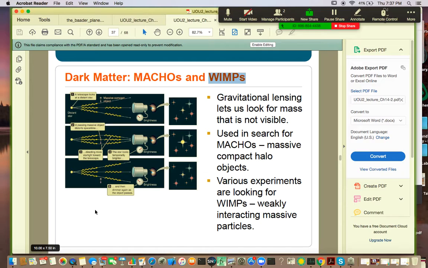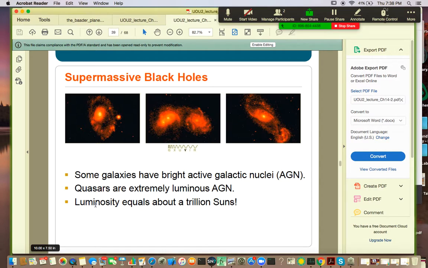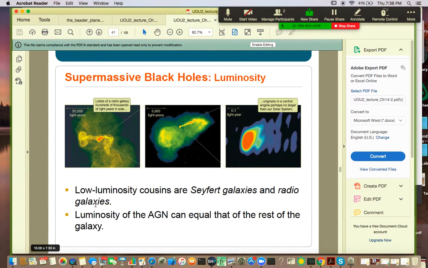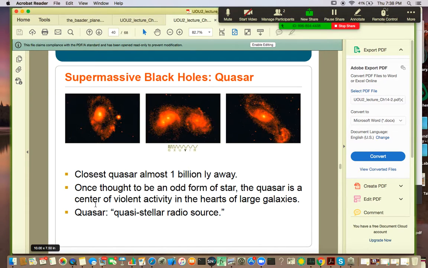But the amount of MACHOs that have been detected after several surveys is not enough to explain dark matter. So dark matter's primary candidate now is pretty much WIMPs.